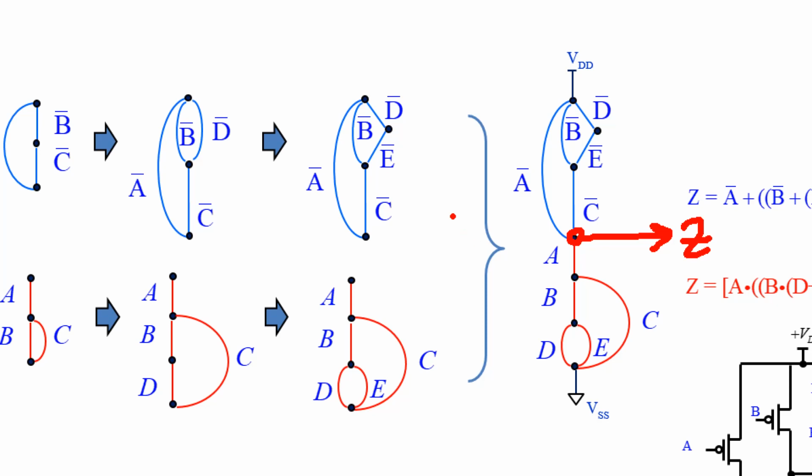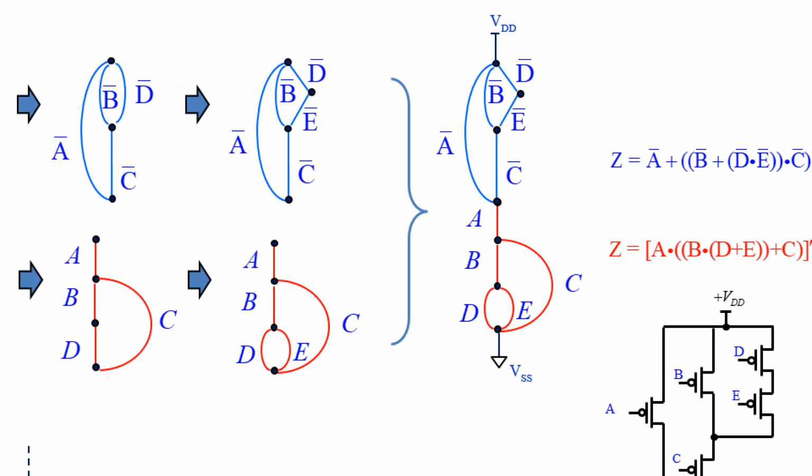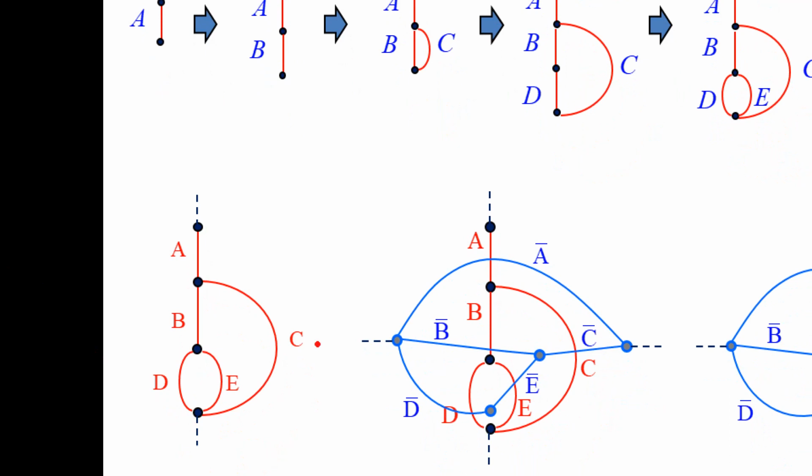Now to design, for example, if you know the function in this form, you can write, for example, the lower part of the circuit. After that, you can find the upper part of the circuit by considering this one. Namely, you just add a node or vertex in the loop of this one and this one.